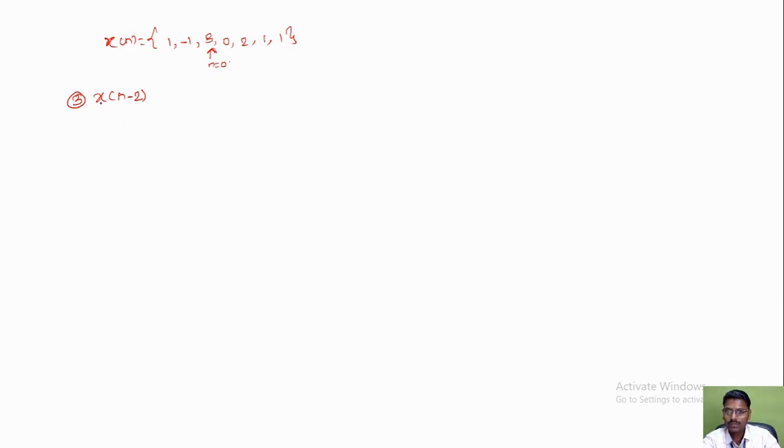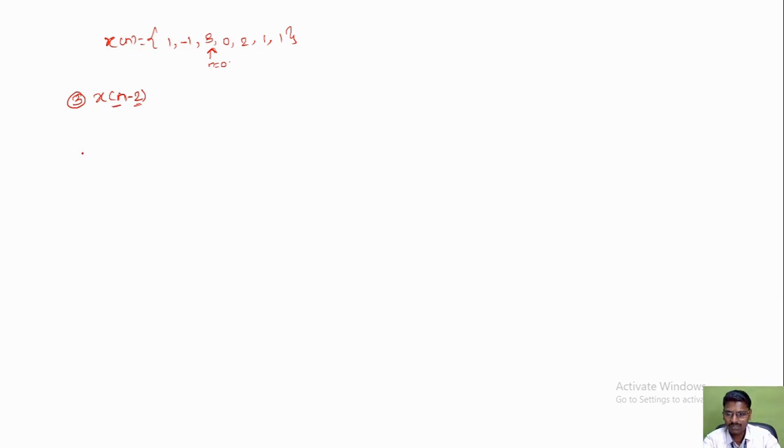Now I am going to perform the operation for x of n minus 2. This corresponding signal is nothing but adding a 2-unit delay to the given signal x of n. I already have the signal x of n with me.